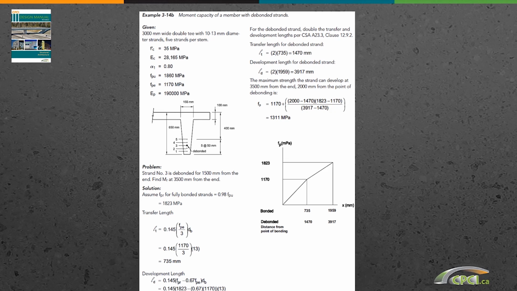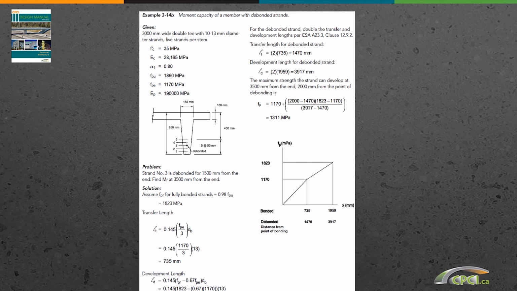So we calculate the transfer lengths and the development lengths for both cases. And we know that the transfer length and the development length for the debonded strand need to be double that, as per code 8.13.3 12.9.2. That is, the debonded strand needs double as much length to transfer and to develop.